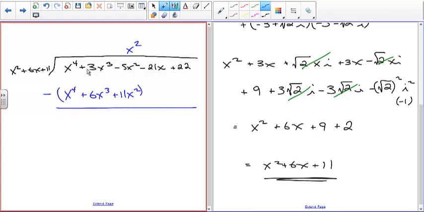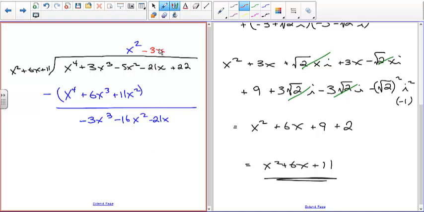Then you've got 3 minus 6, which is negative 3x cubed. You've got negative 5 minus 11, which is negative 16x squared. And then you can bring the next term down, negative 21x. Okay, what do I multiply x squared by to get negative 3x cubed? Negative 3x.